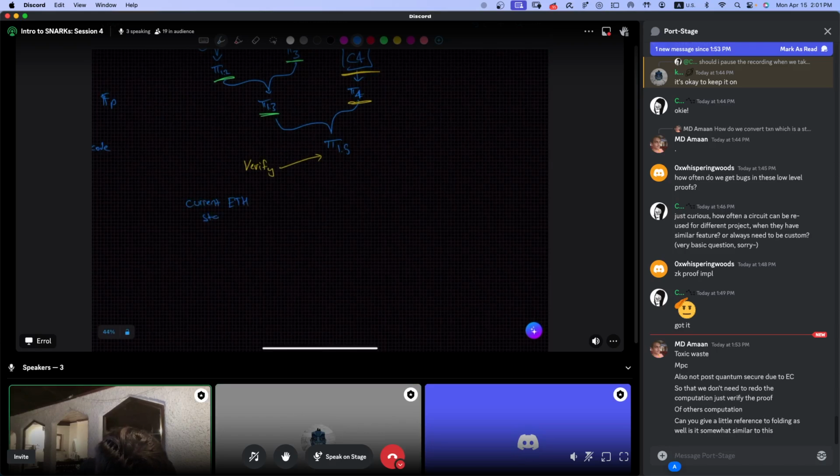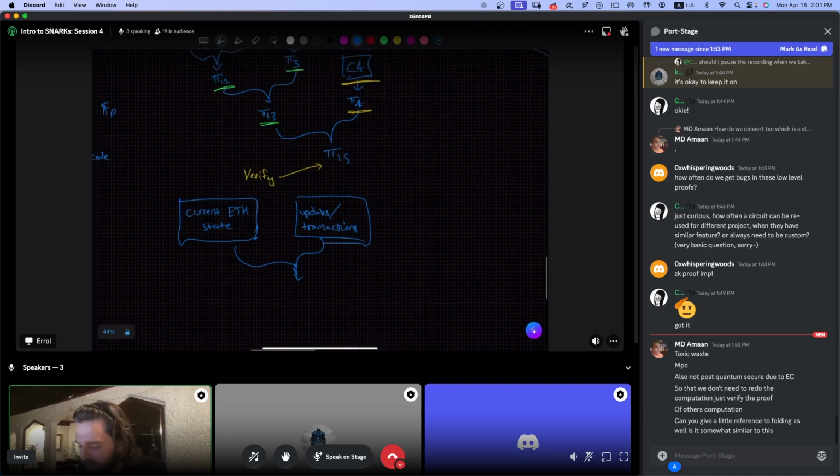Yeah, it'll be like the current ETH state you sort of have, and then you'll have updates or transactions. And you can squeeze these in together to check that they were inserted correctly and that everything that came before was valid as well.